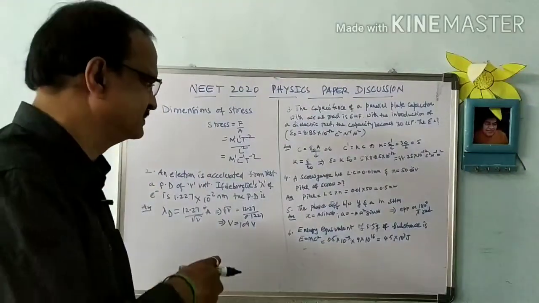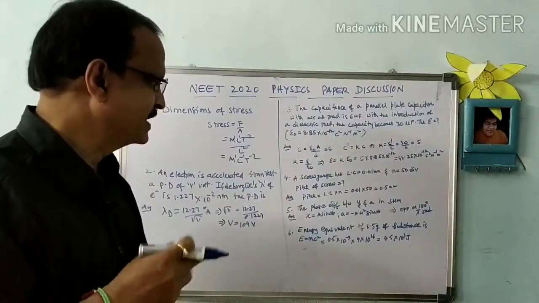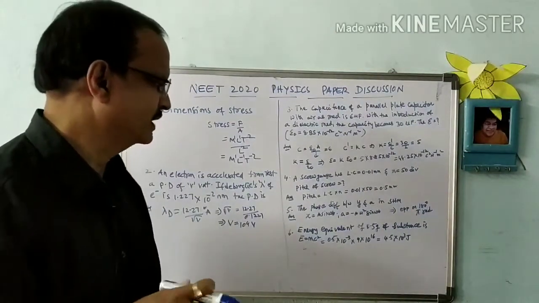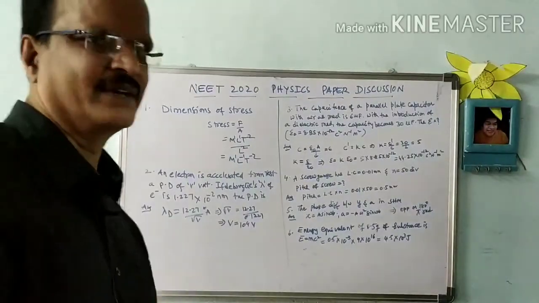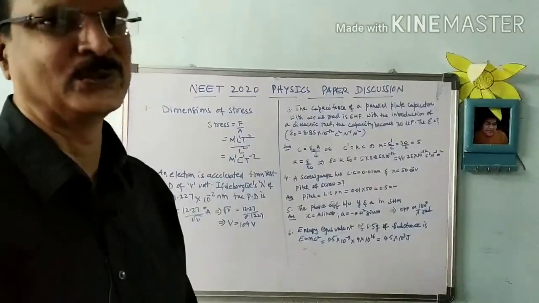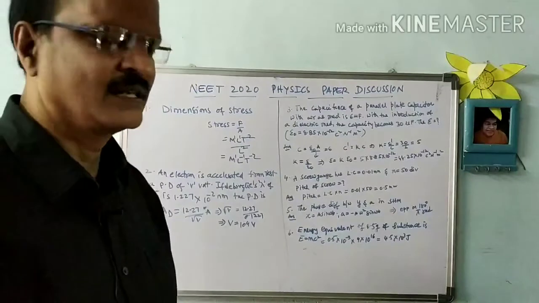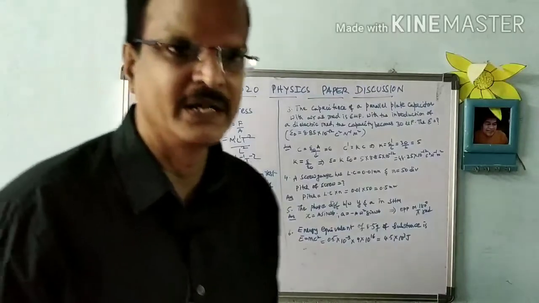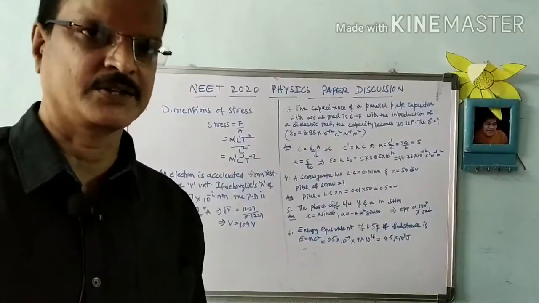Now, the fifth question is in oscillations: the phase difference between displacement and acceleration in simple harmonic motion. By graph you can explain, or by the definition of SHM you can explain. We know that x is equal to a sin omega t, the equation for the displacement of the particle, and the acceleration is a is equal to minus a omega square sin omega t. By definition also, the displacement and the acceleration are always opposite in direction.